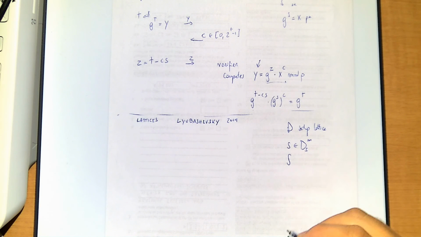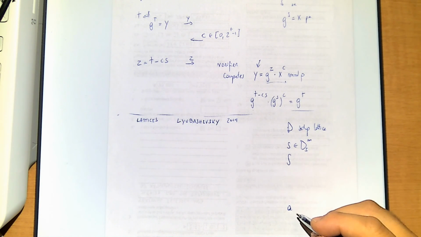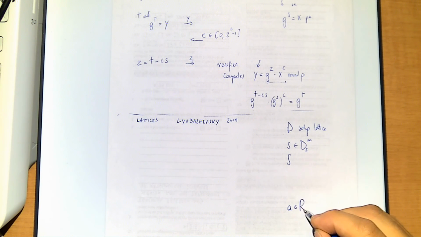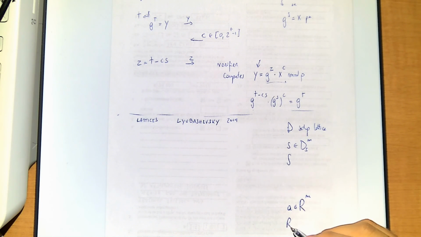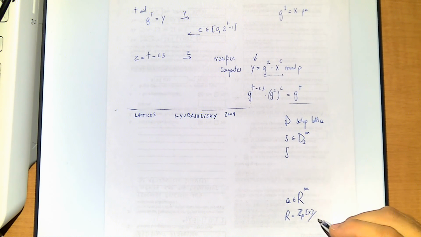Lattice vectors are defined by a certain vector A in R^m. So it's a vector in a ring where the ring is given by Zp[x] quotient x^n + 1.